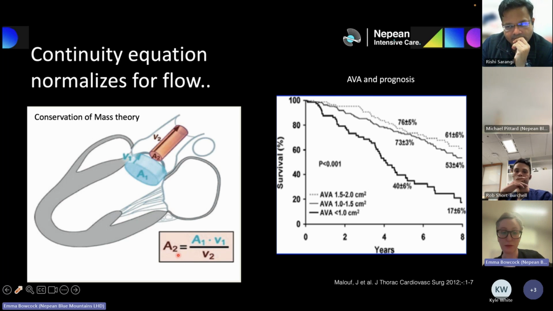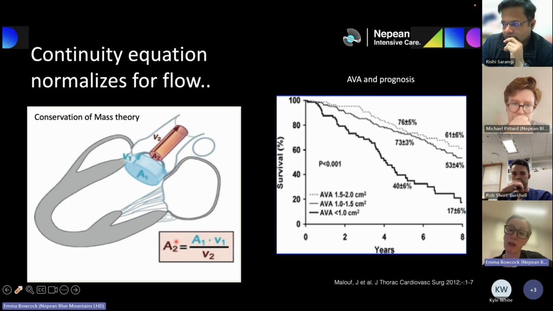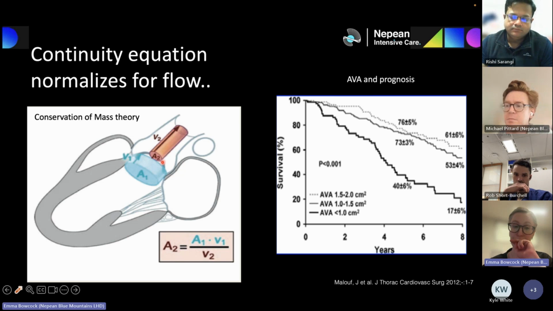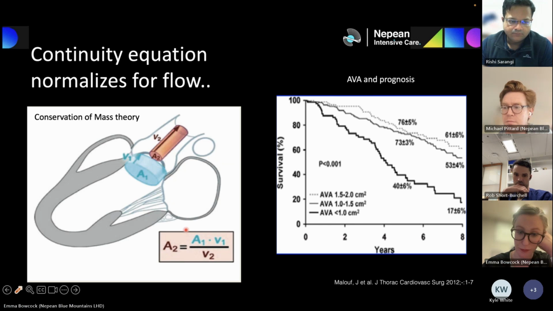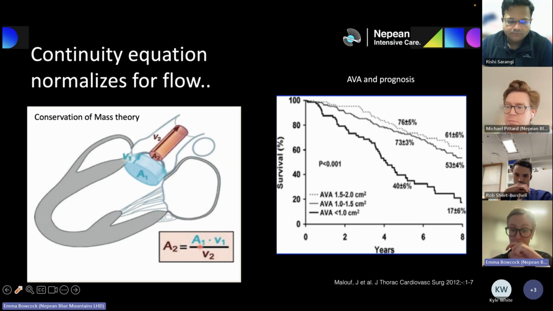So A2 V2 equals A1 V1, and then we can rearrange that equation because what we're interested in is A2, so the effective orifice area here. So this then becomes your LVOT cross-sectional area times the LVOT VTI over your aortic valve max velocity. And that will give us the aortic valve area.